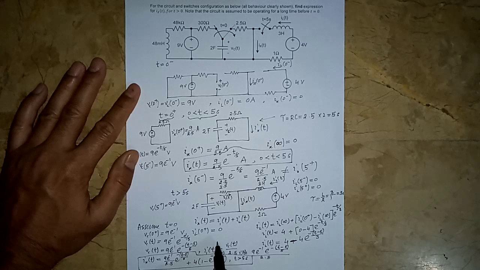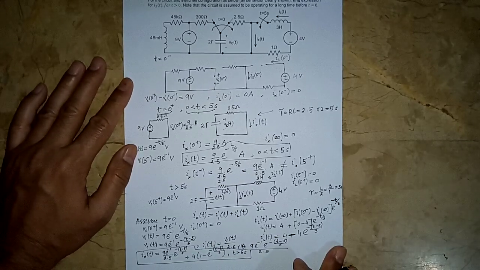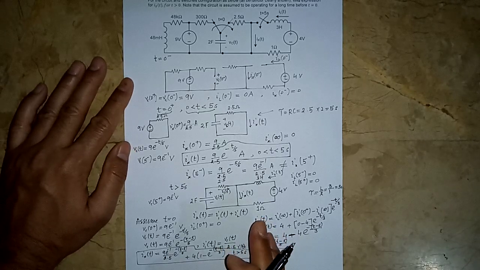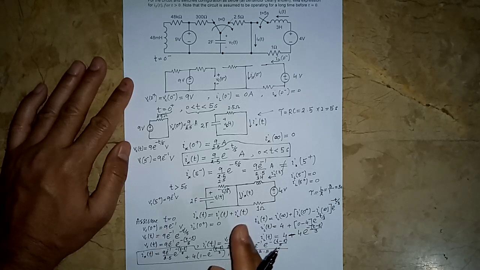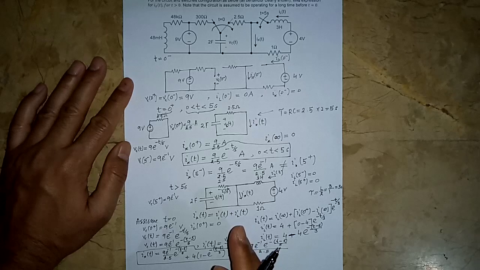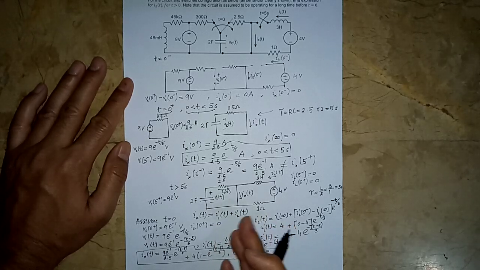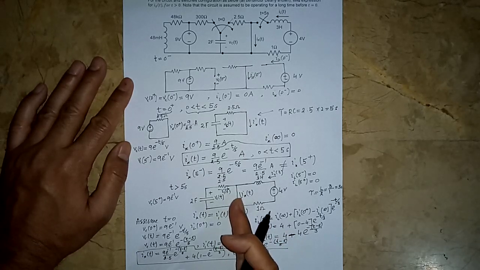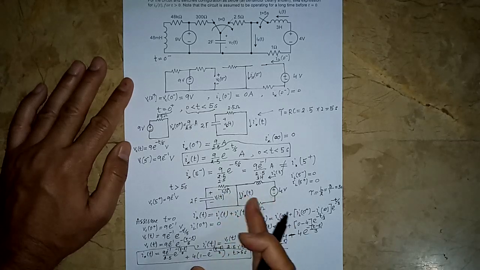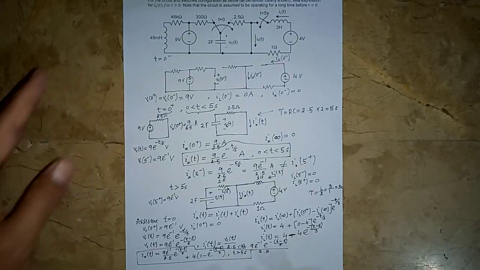So while there was a lot to do in this question, it was not difficult. You should appreciate that it's not difficult. All you have to understand is how to treat capacitors and inductors in the steady state, how to find their before switching and after switching values, and the small circuit concepts, that this current was actually partly coming from here and partly coming from here, or Ohm's law, passive sign convention, and all this, and you can solve any type of circuit.